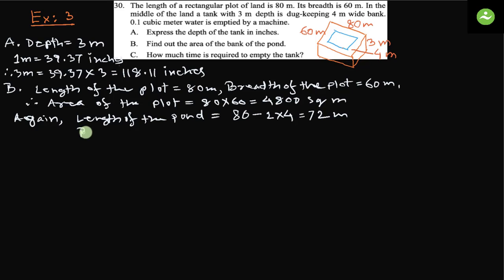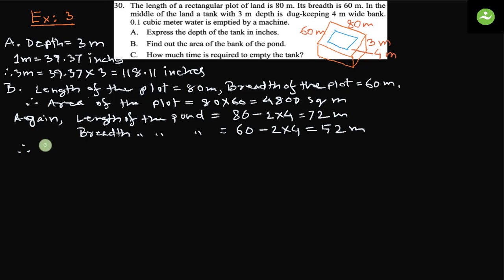Similarly, breadth of the pond will be 60 minus 2 into 4 equals to 52 meter.